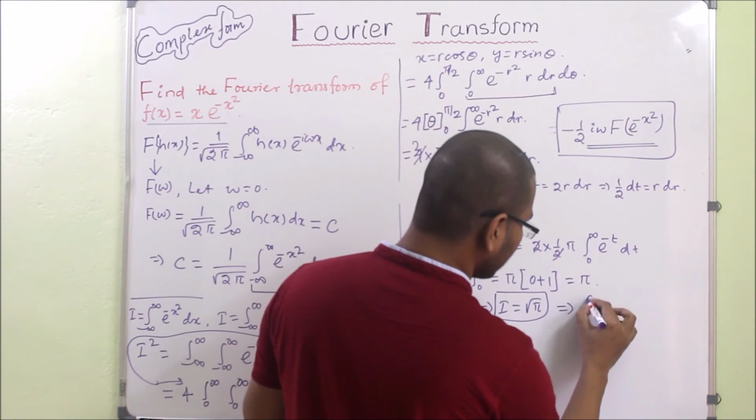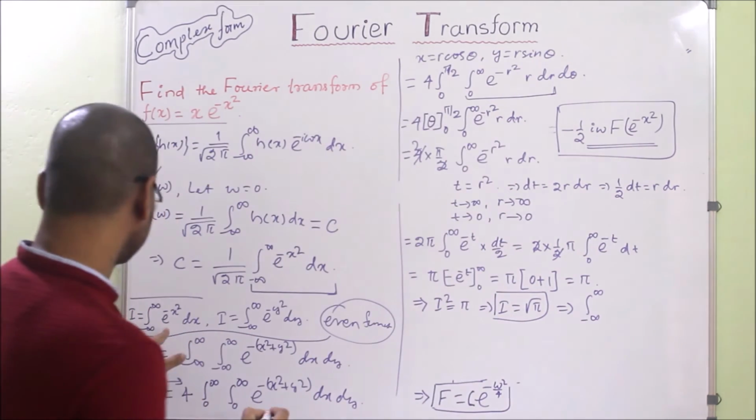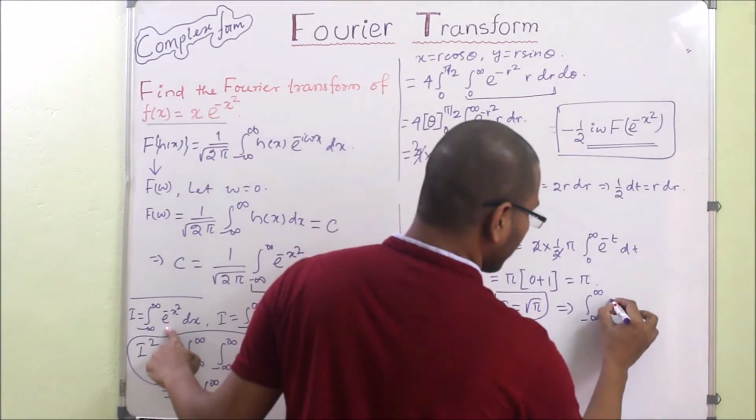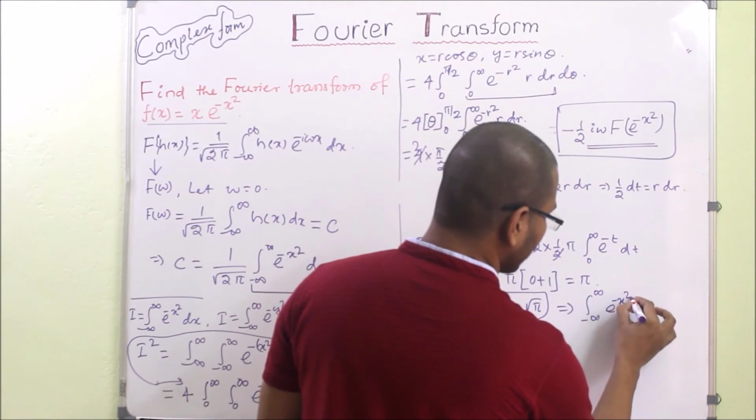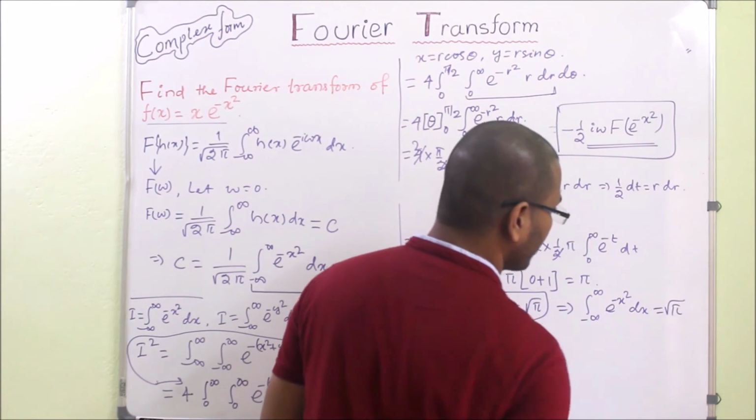And what is I? Simply I is nothing but the integral from minus infinity to infinity of e to the power minus x square dx. Here we have seen this equals square root of pi.